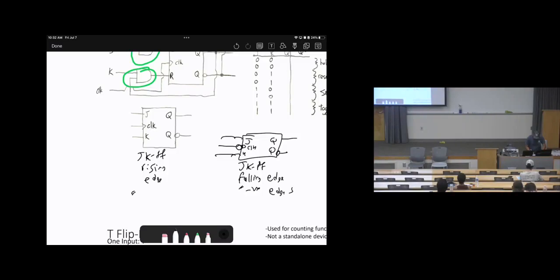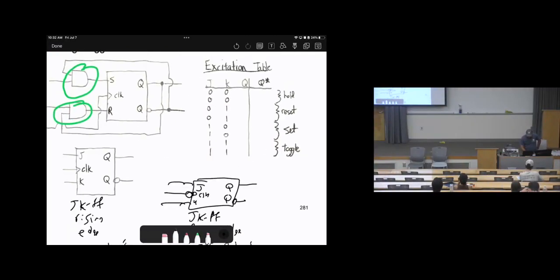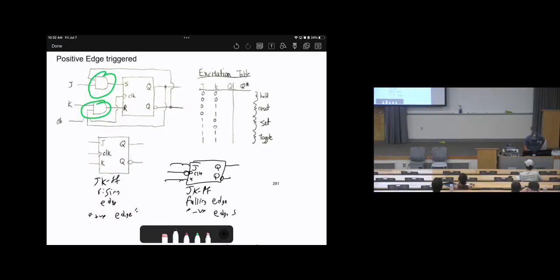And that one was positive edge. So you need to look at the symbol and realize: is this a latch, is this a flip-flop, is this a JK flip-flop, an SR latch? Just look at the symbol, and you should know how to deal with this, how to write the excitation table in the other representation.